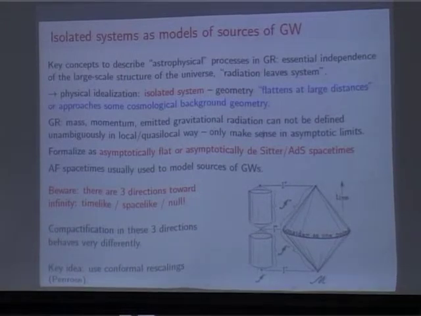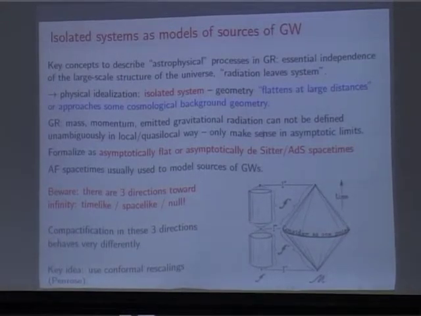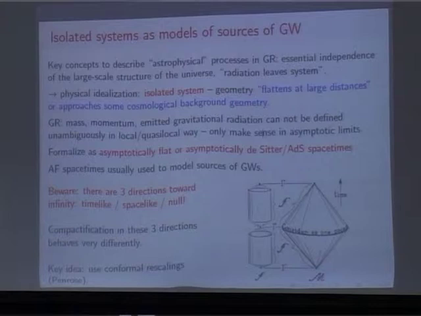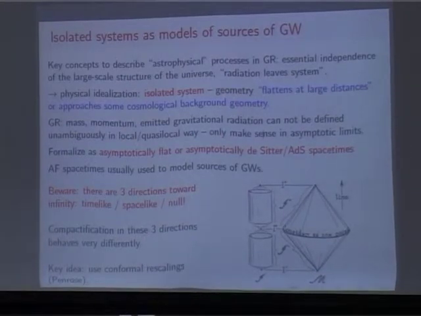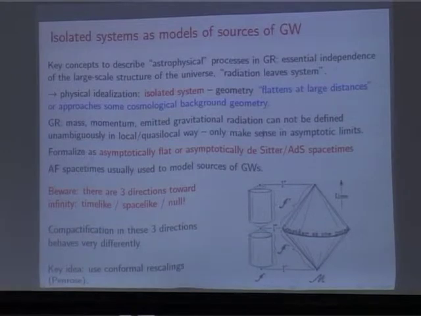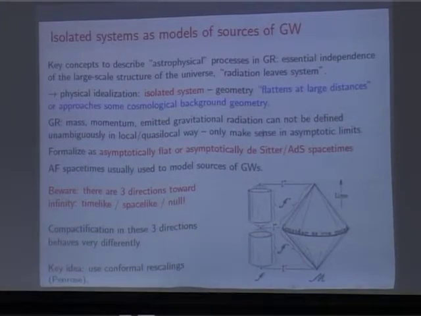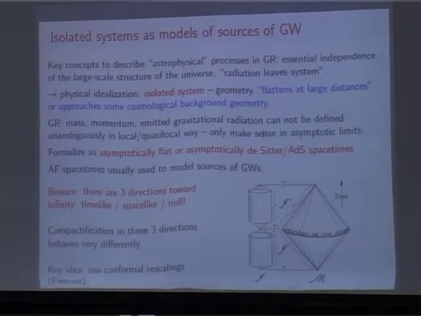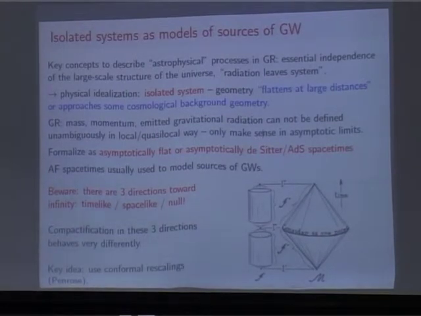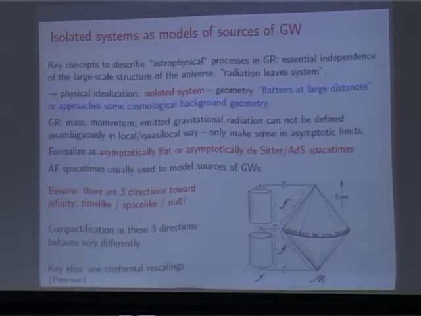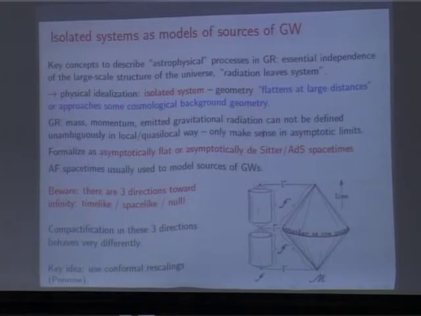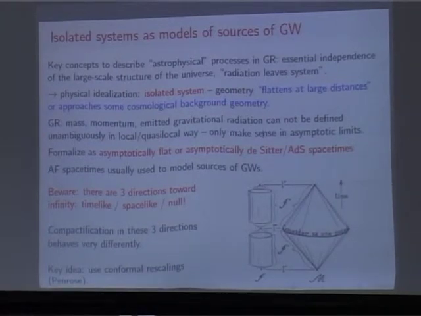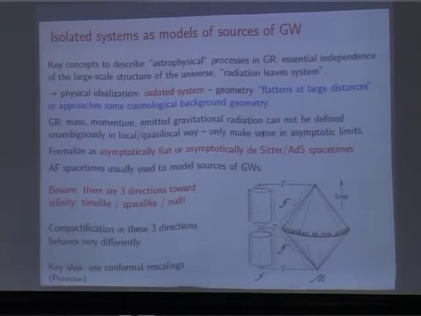If you want to idealize this physically, we can call such systems an isolated system. The basic idea, from the point of view of general relativity, is that the geometry, the metric, just flattens out if you go far away from where the matter is. So the geometry has to approach Minkowski space if you go far away from a star or a galaxy or black hole. Or in some sense, we can also think that it just approaches some cosmological background geometry far away.